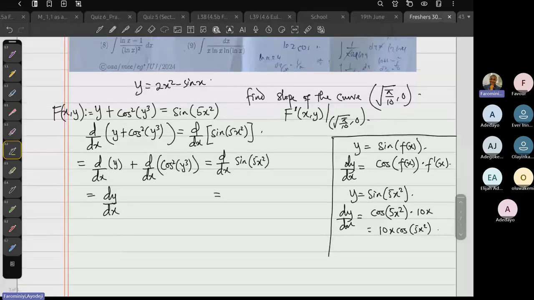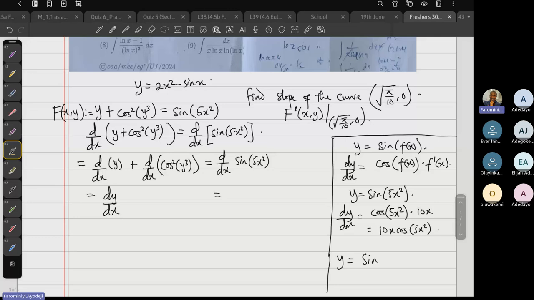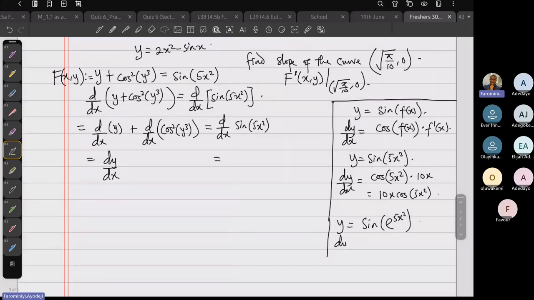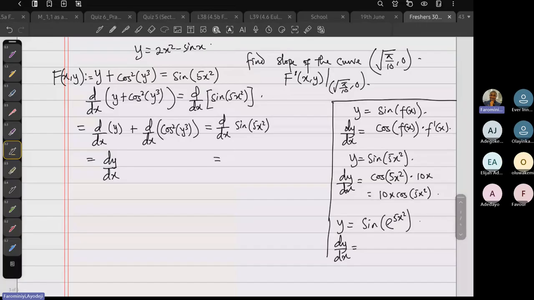So if you have three functions embedded together, for instance, if I have y equals sine of e to the power of 5x squared instead, you start from the outer one, then you go layer by layer. The dy dx is equal to the differentiation of the outer function, which is cosine of e to the power of 5x squared. Then the next layer is e to the power of 5x squared, and that one is also chain rule.